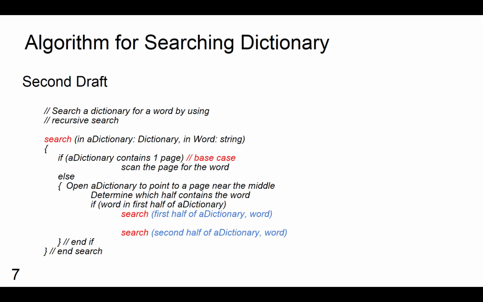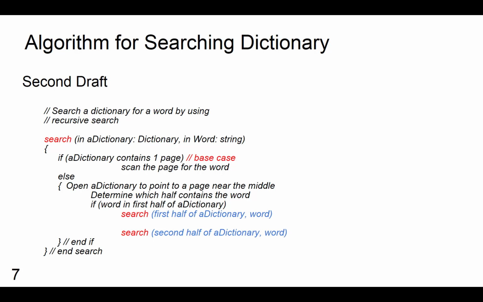Now we will write the second draft of the dictionary solution. The search method accepts two parameters. One is the dictionary, another one is the word we are looking for. If the dictionary contains only one page, we just scan the page for the word's meaning, which is the base case.